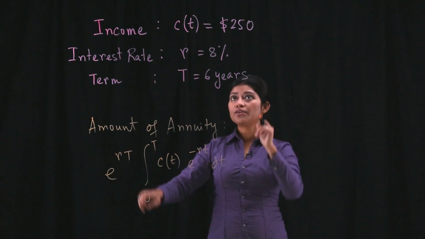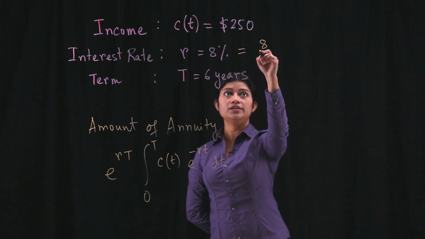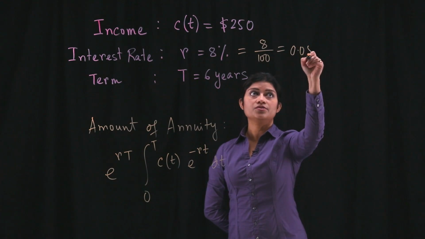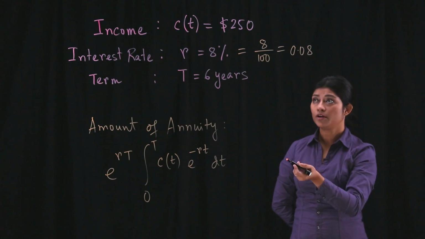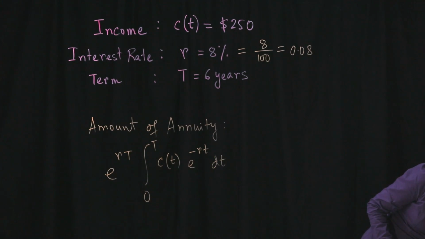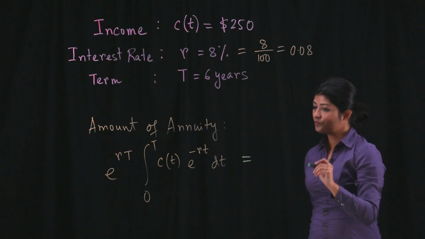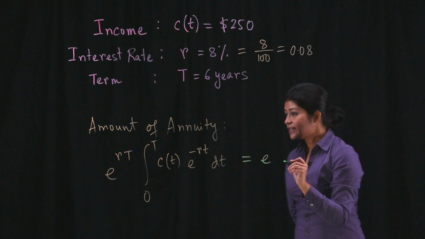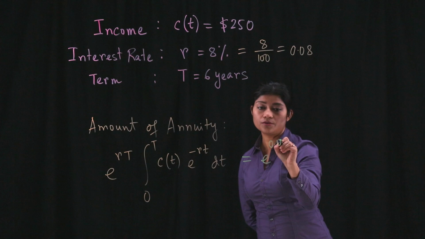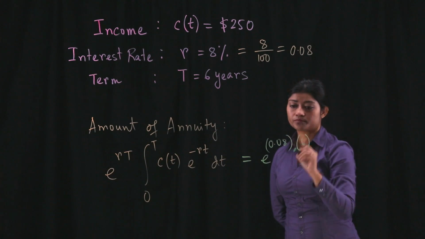Now remember, for the rate, we don't keep it as 8%, we change it in decimal. So 8% is 0.08. So you're going to use that for r. Okay, so let's plug everything in for this particular problem. So outside the integral, we will have the rate e to the power 0.08 times t is 6.